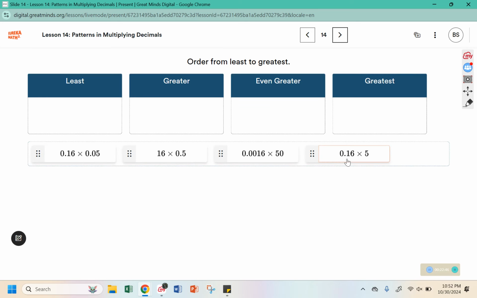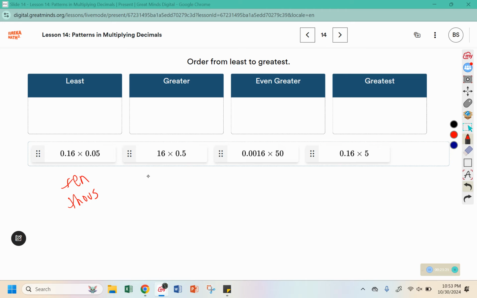So this one isn't multiplied by 16. All of these have a 5 and then some form of 16, but the amount of decimals in each one is different. So here I would have a value that has 4 decimal places. So these would end up in the 10 thousandths. This one would have 1 decimal place.